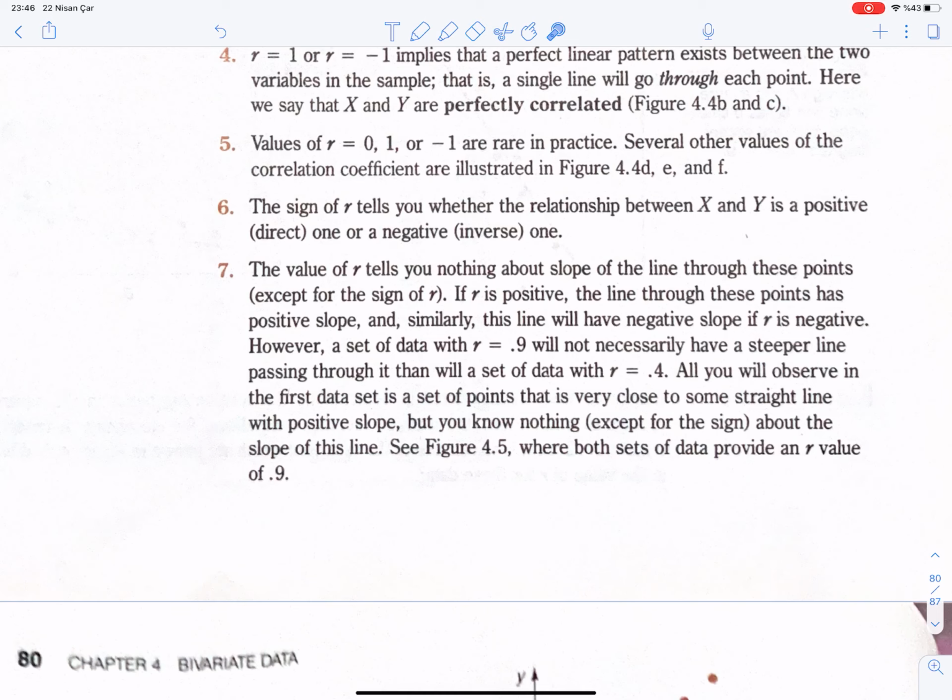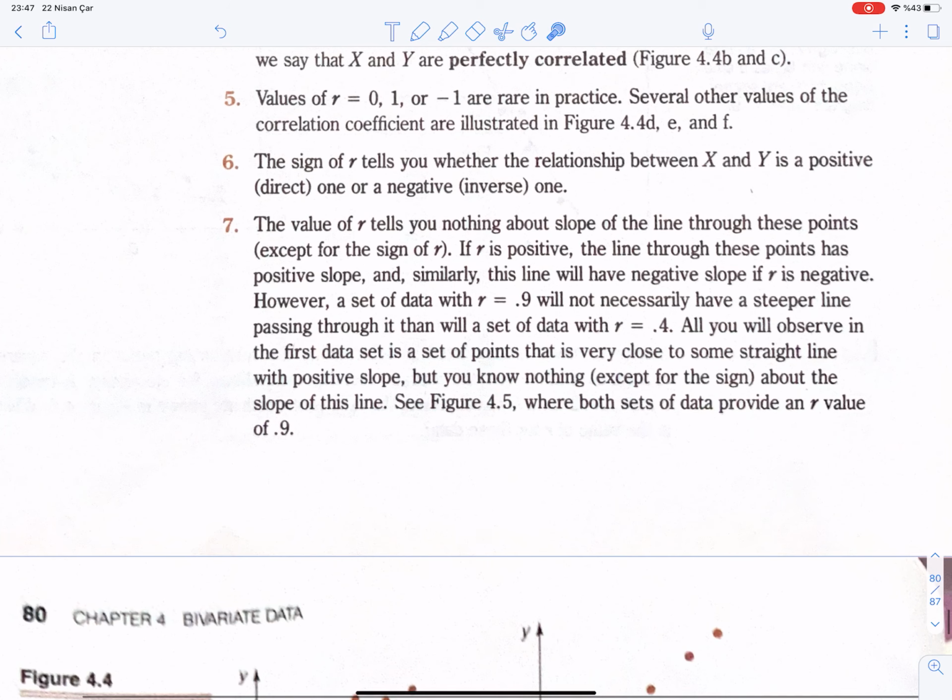The categorization is not that easy, because if the sample size is increasing, you can never tell that the correlation is weak or strong. It depends on the sample size, really.